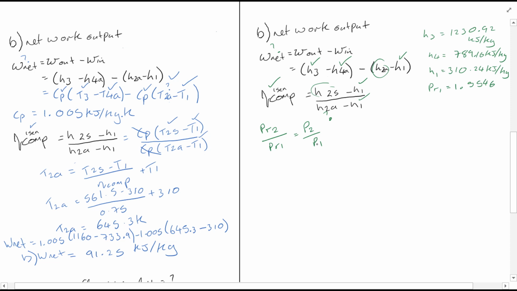Pressure ratio across 2 and 1 is in fact 8. So then rearranging this, PR2 is equal to 8 times PR1, which is 1.5546, and that gives you a value of 12.44 for the pressure ratio at 2. Okay, so you need to interpolate this to find the corresponding value of H2S at the given pressure ratio.